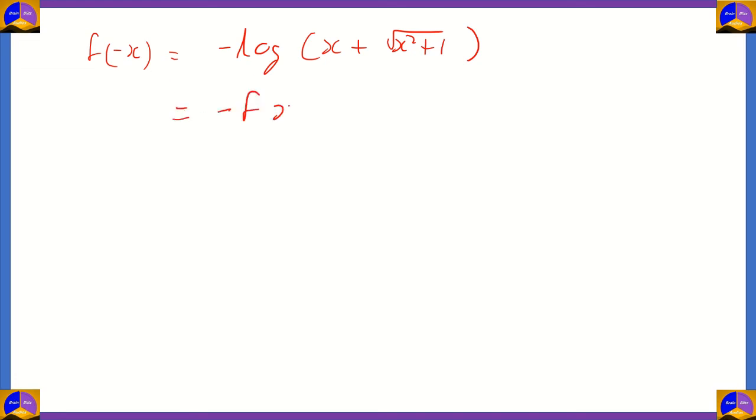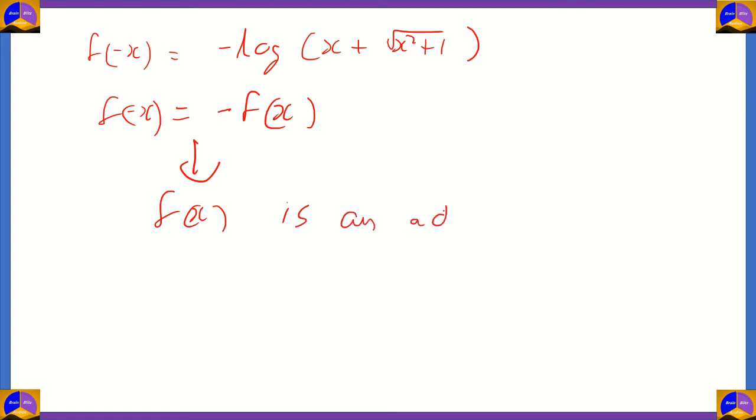So therefore, f of minus x can be written down as minus log of x plus root of x squared plus 1. So that means f of minus x is equal to minus f of x. So therefore, f of x is an odd function.